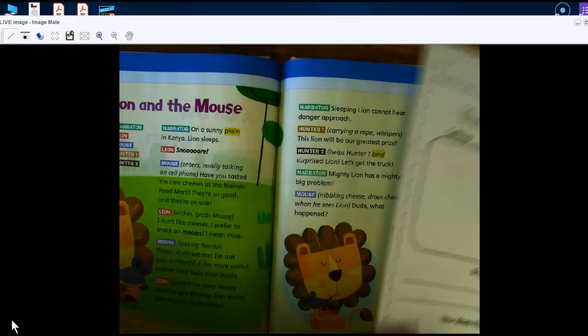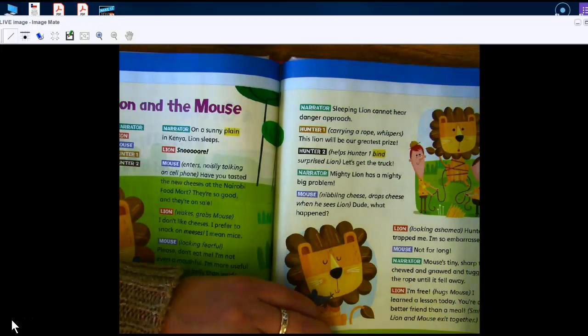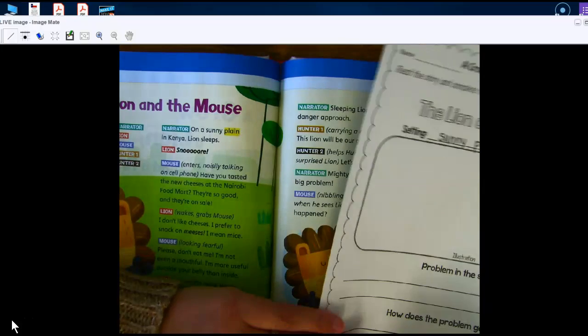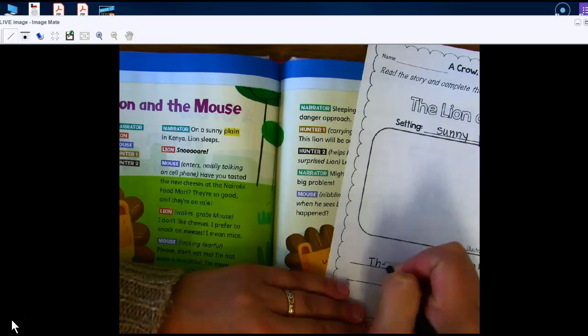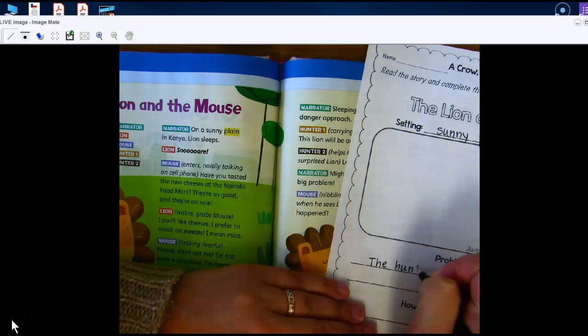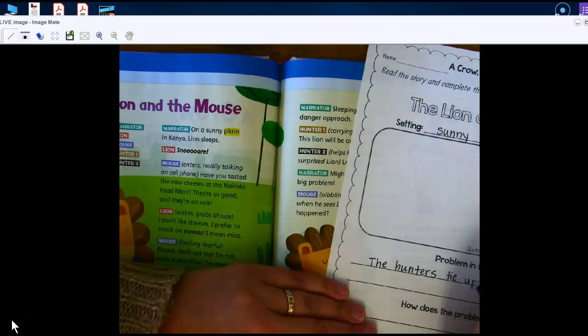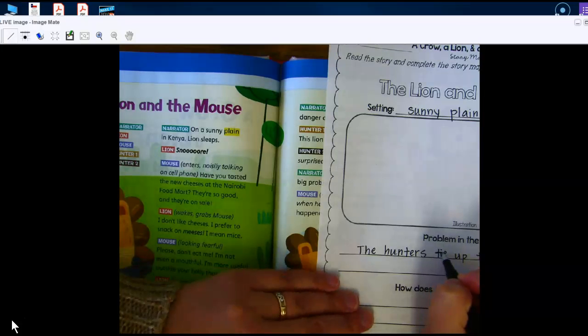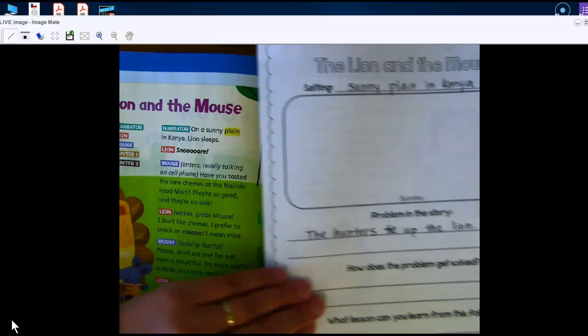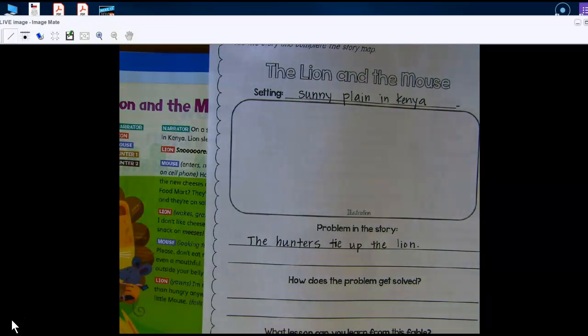Right, the hunters capture the lion, right? The hunters tie him up. Let's say that because that's what they do. The hunters tie up the lion. That's a T-I-E. The hunters tie up the lion.